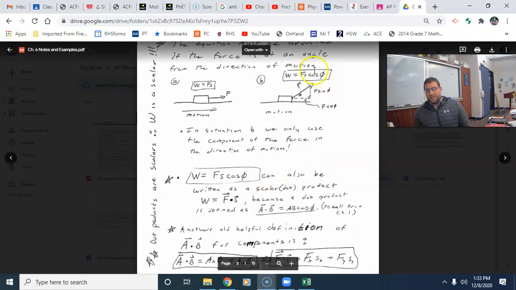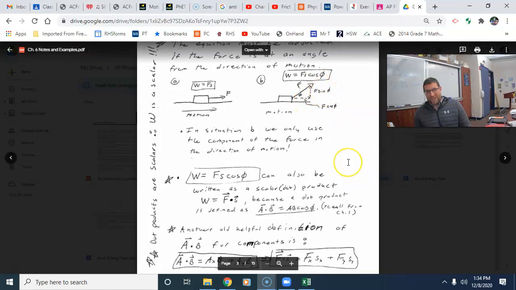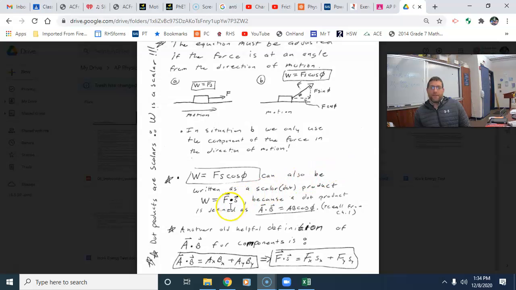Notice that exactly corresponds to what we got here, which isolates the component of the force that is doing work and ignores the component which is not causing displacement.